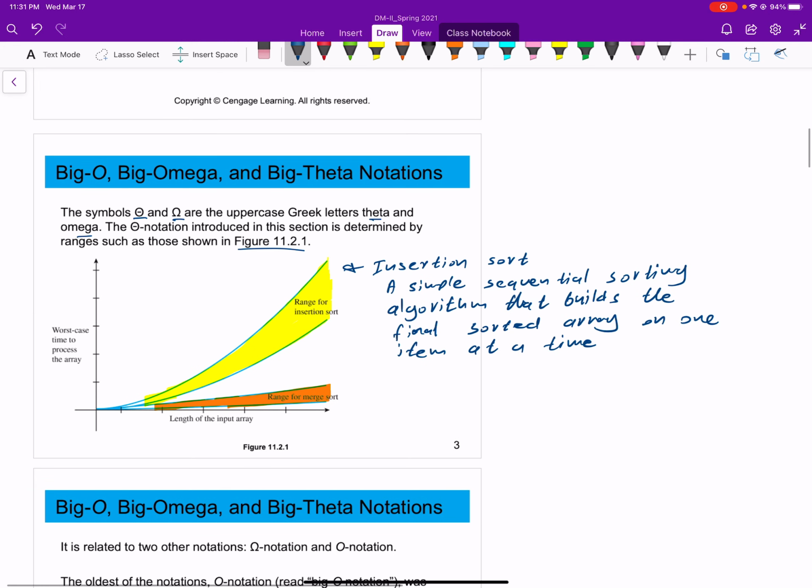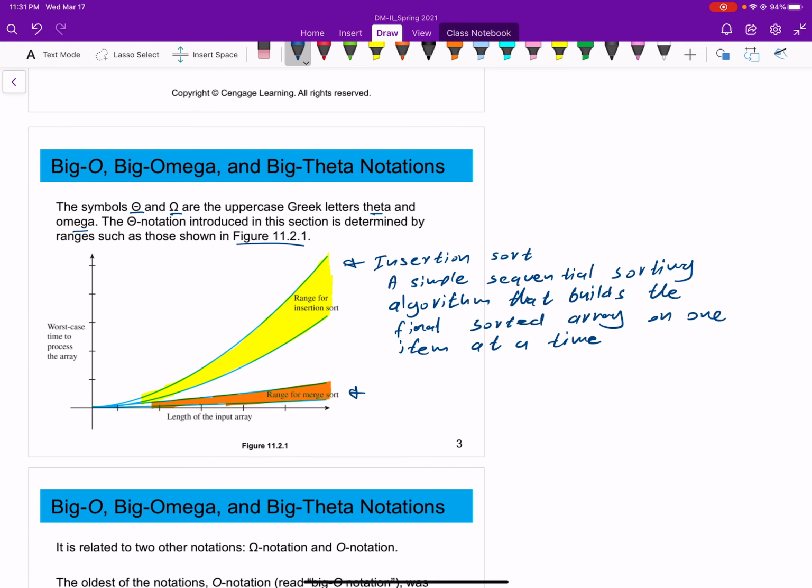Okay, that's insertion sort, and then go to the merge sort. Merge sort is a binary algorithm.